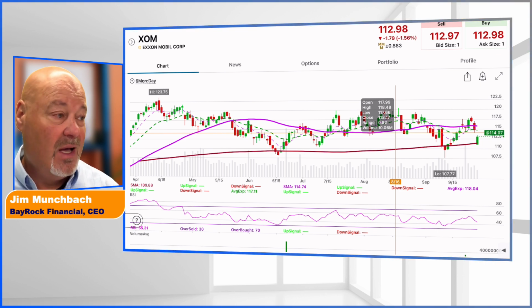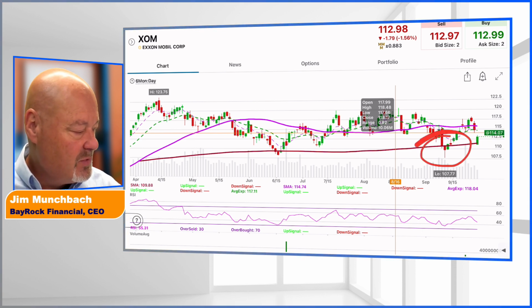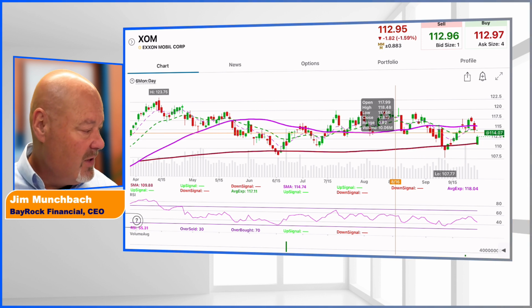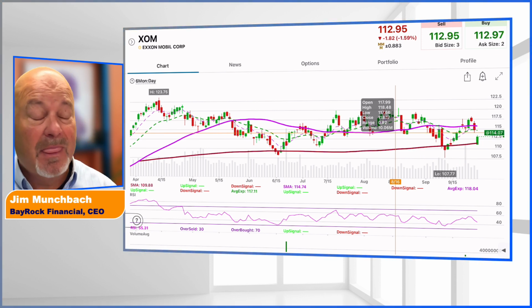So I would not have written a call option or sold a covered call if it was down at the bottom of that range. But it turns out Monday it was up.